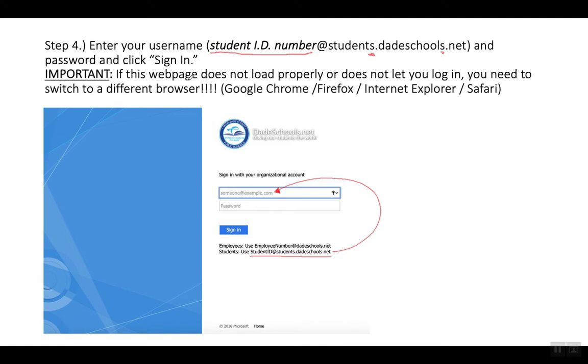If this web page does not load properly or does not let you log in, you need to switch to a different browser. So either Google Chrome, Firefox, Internet Explorer, or Safari. I usually recommend using one of these two, either Chrome or Firefox. And if one of those is not working, switch to the other one.